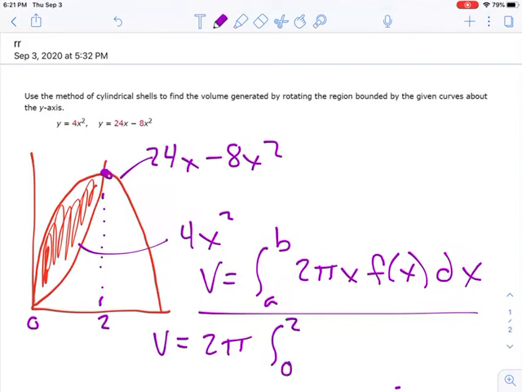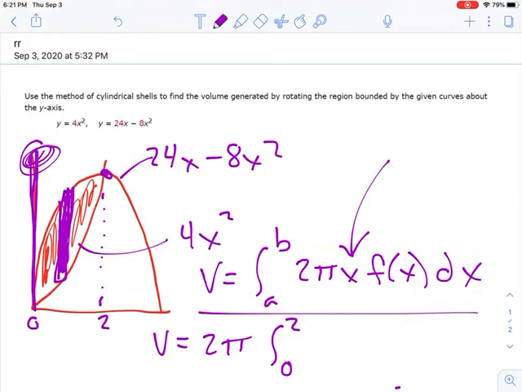Now x, remember, represents the radius. That's the distance. So if I create a little rectangle in here, right, now we are rotating this around the y-axis. Remember, in cylindrical shells, the height of the rectangle must be parallel to the axis of rotation. So the axis of rotation is the vertical axis.